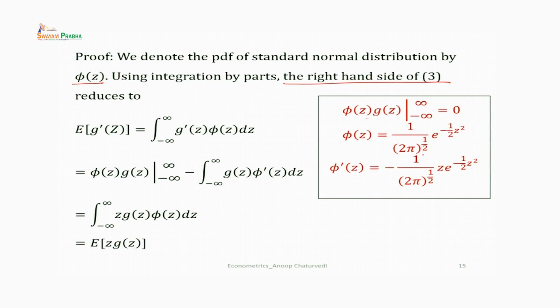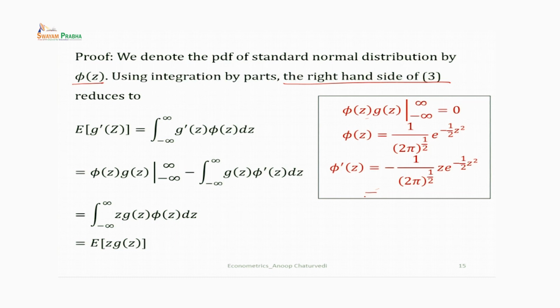Then phi z is equal to 1 upon 2 pi to the power half e to the power minus half z square. And if we differentiate phi z with respect to z, we obtain phi dash z equal to minus 1 upon 2 pi to the power half z e to the power minus half z square. So, we substitute the value of phi dash z here.